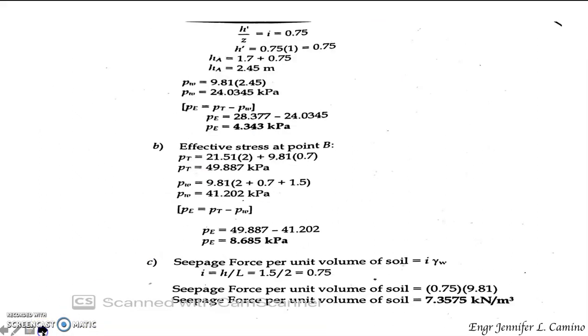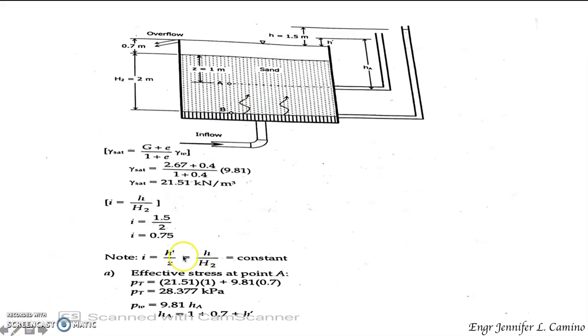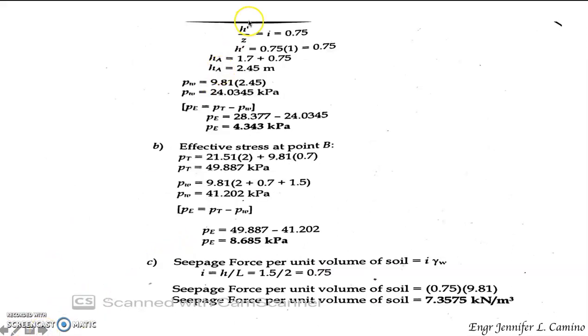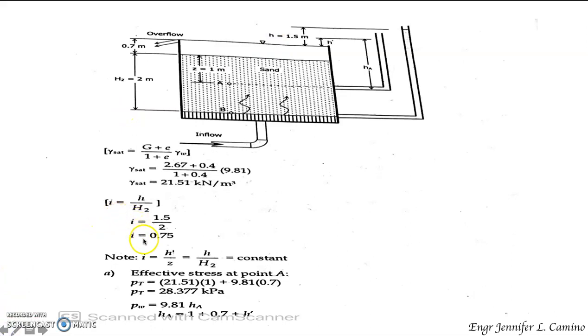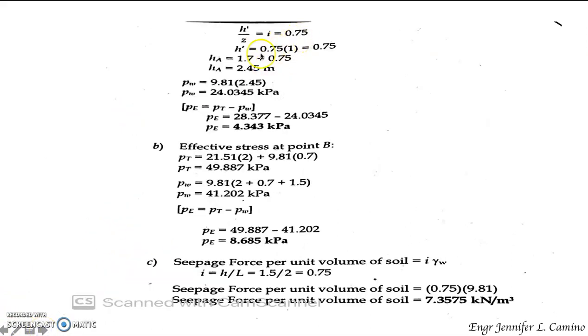For our h prime, we don't have the value, but we can solve for that using this equation. We have here h prime over z, which is equal to i, and our i we computed a while ago, which is 0.75. So h prime is equal to 0.75 times 1, which is the value for z. It gives us 0.75. That is now our h prime.